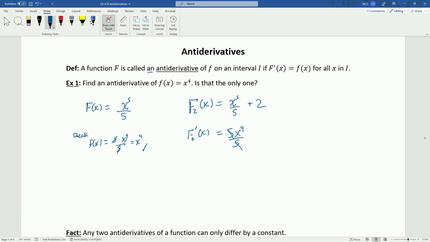So this is a really important fact. We can have many antiderivatives. In fact, we can have infinitely many antiderivatives, because it doesn't matter what the constant is that you add on, it will still be an antiderivative.